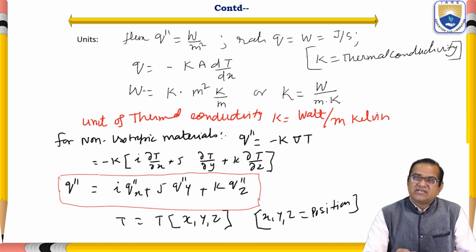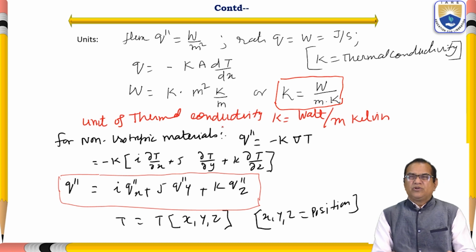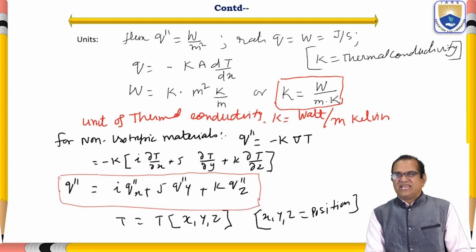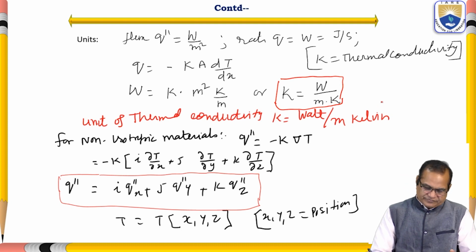Watt is equal to k times A in meter square, dT in Kelvin, dx in meter. So k is in watt per meter Kelvin. This is the unit of thermal conductivity. We have to remember that unit; it is very essential.